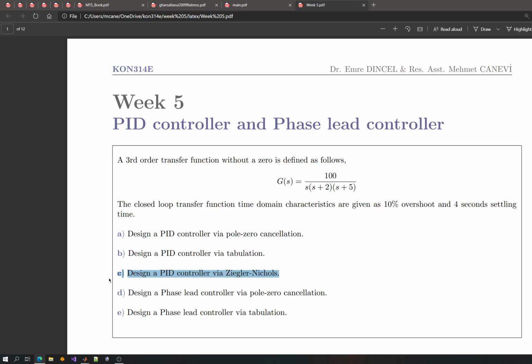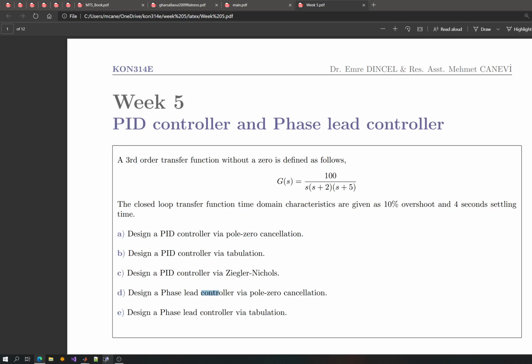There is also something called phase lead controller design. This phase lead controller is just a first order controller, a generalized PI controller in different terms. And the difference here is that you don't restrict your pole to the origin.